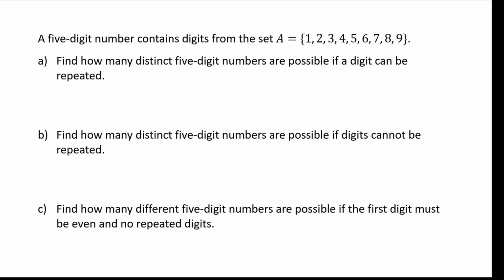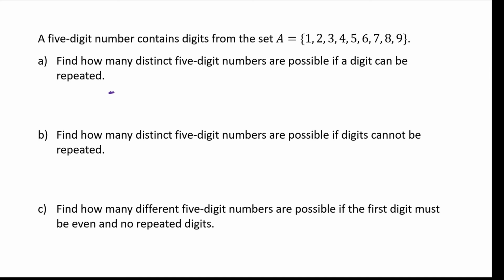Example, a 5-digit number contains digits from the set A equals 1, 2, 3, 4, 5, 6, 7, 8, 9. Part A, find how many distinct 5-digit numbers are possible if a digit can be repeated.